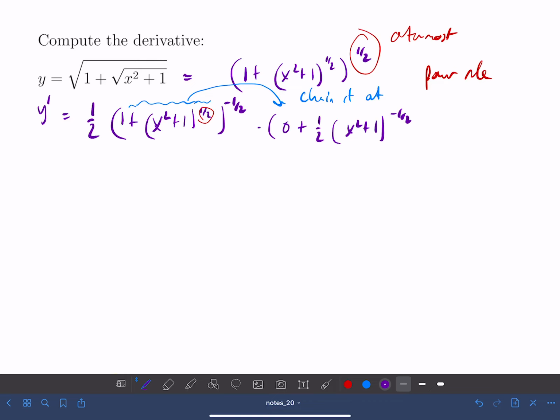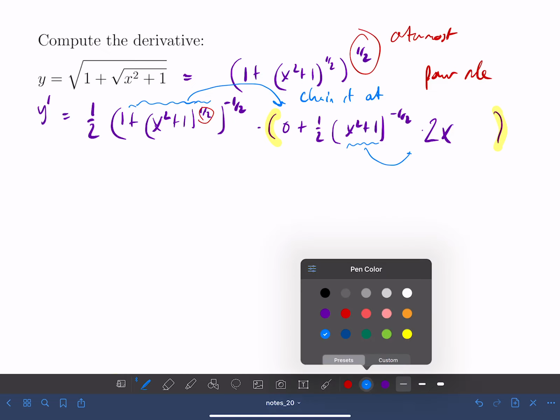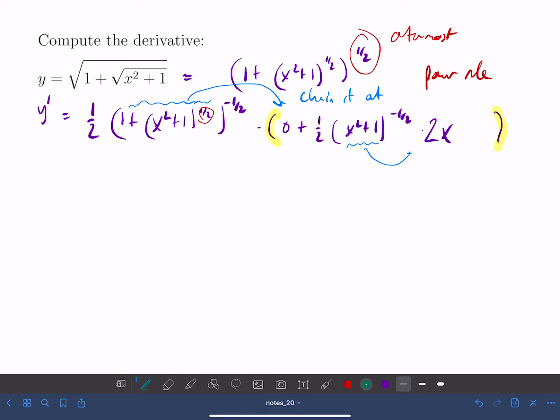And when I take that derivative, now I've got another thing on the inside, and I need to chain it out. That's still on the inside of the paren that we're inside of. So let me highlight that. So that paren is the same as that paren. And the derivative of x squared plus 1 is 2x. This could definitely be simpler, so let's look for available simplifications. I see a simplification.